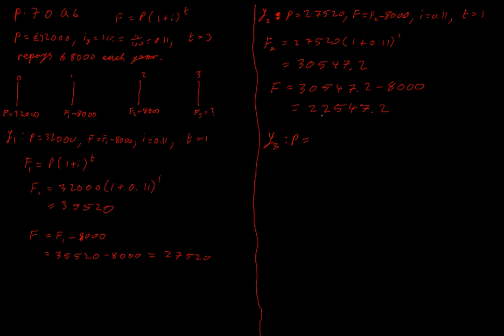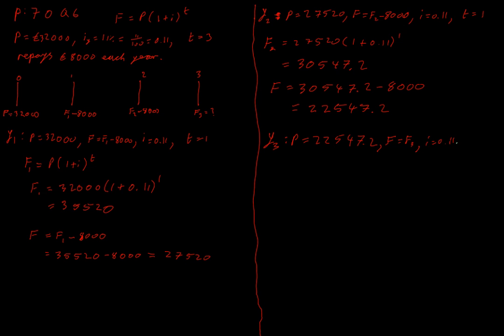Our principal is what we ended with last year. And our final value is just going to be our final value at the end of year 3, because we're not told that he pays off any more of the debt at the end of year 3. We just want to know the lump sum amount at the end of this year.